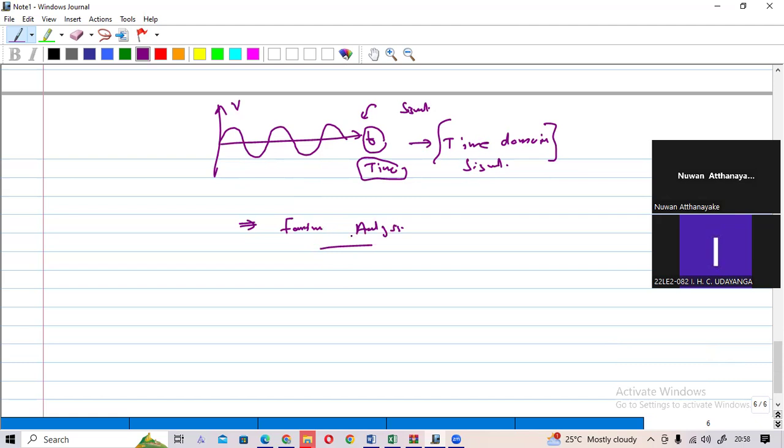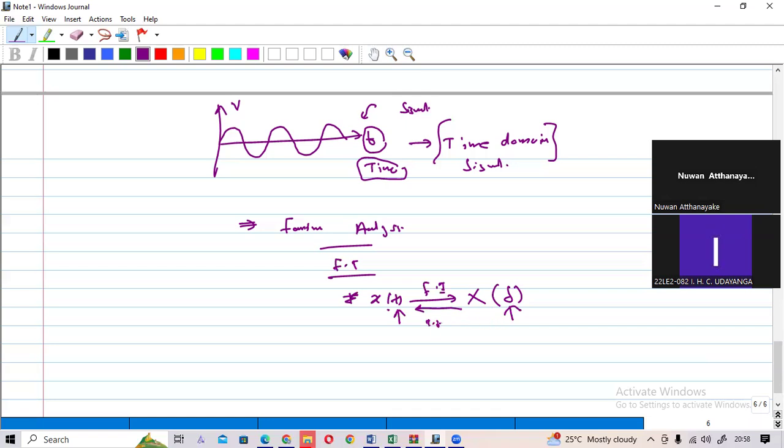In other words, using the Fourier transform, we convert a time domain signal into a frequency domain signal. Here the independent variable is t, and there the independent variable is frequency. And using the inverse Fourier transform, we do the opposite.